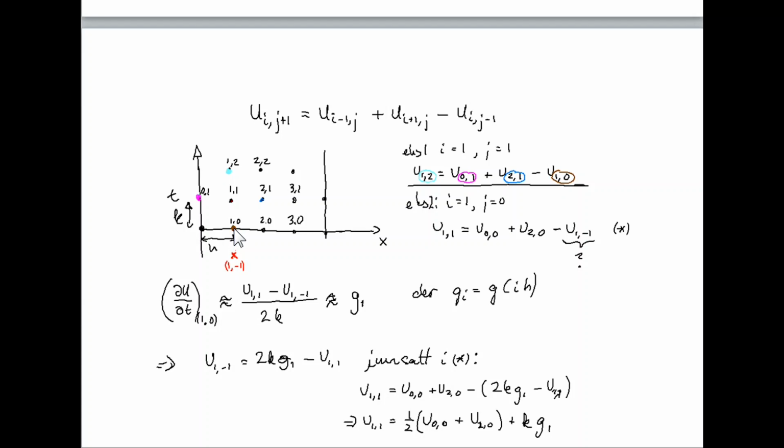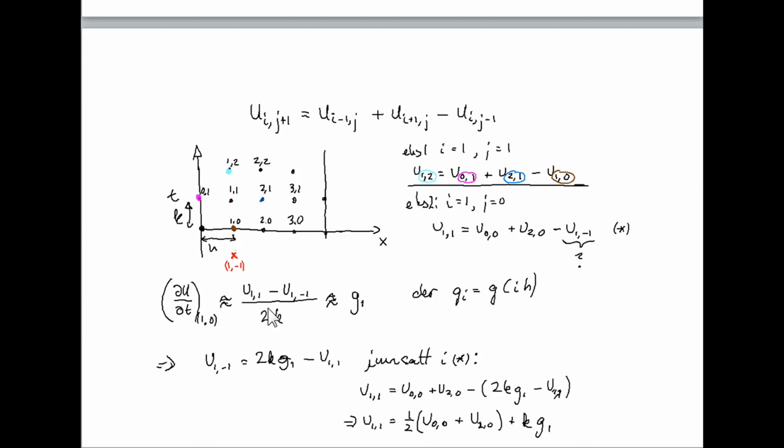approximated as follows. We take the value in this point minus the value in this point, and we divide with 2k, that is the distance between these two points.